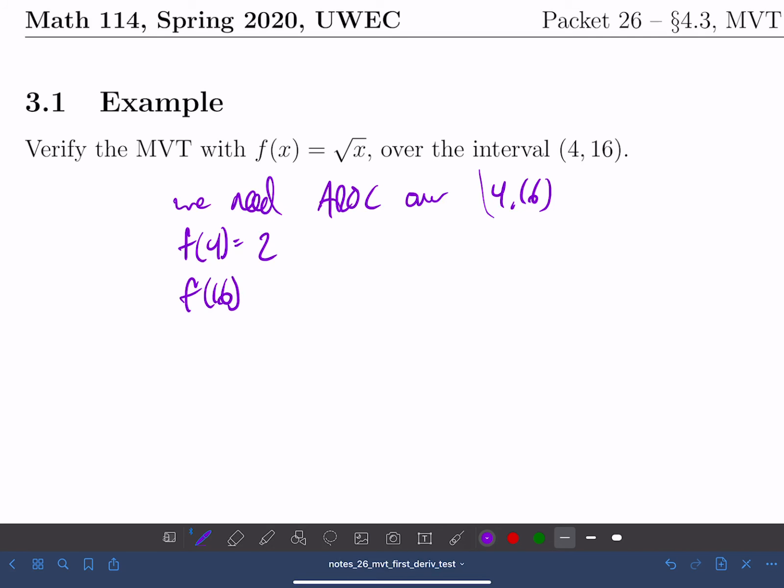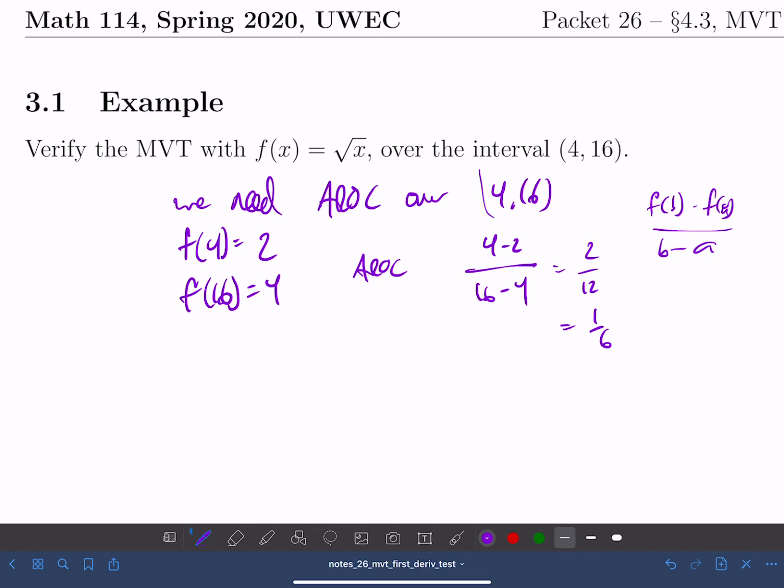F of 16 is equal to 4. So the average rate of change is 4 minus 2 over 16 minus 4. That's f of b minus f of a over b minus a. 2 over 12, 1 over 6.